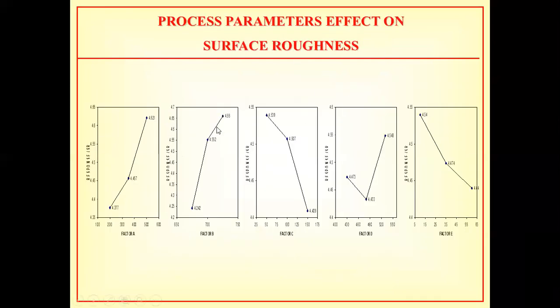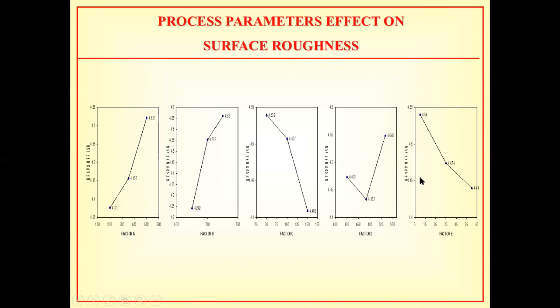So this is the main effects of the raw data. When we plotted the raw data and we did the ANOVA, these were the results. And if you see the first factor, how the things moved, our characteristic is the surface roughness. So at what setting are we getting the lower surface roughness? We go level 1, level 2, level 3.